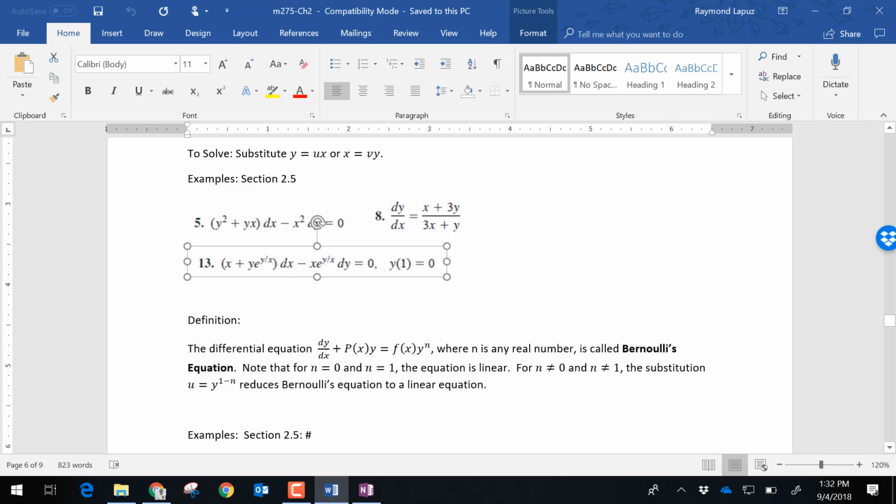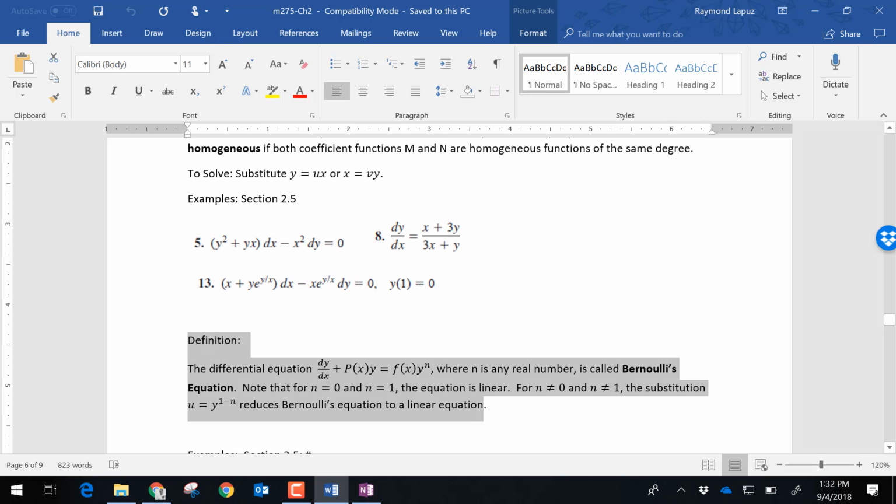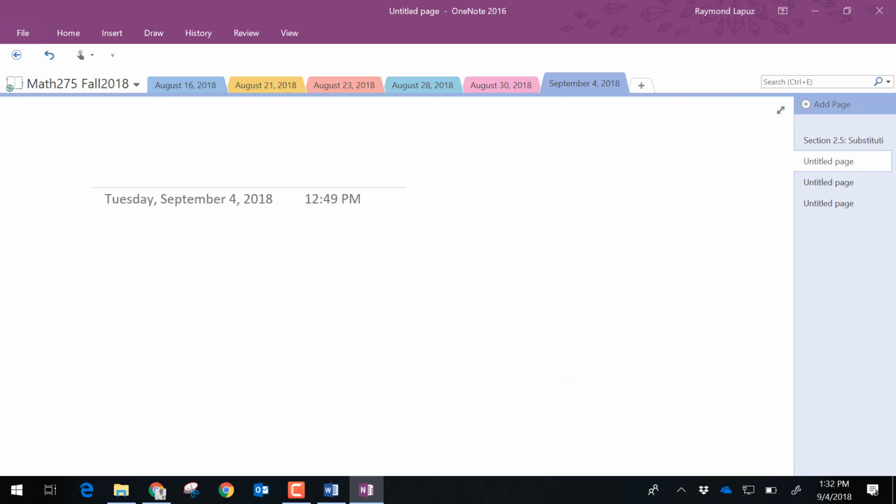All right, we're going to move on to another type of differential equation. And this one is called the Bernoulli differential equation. This is still 2.5. This whole thing is going to be 2.5.